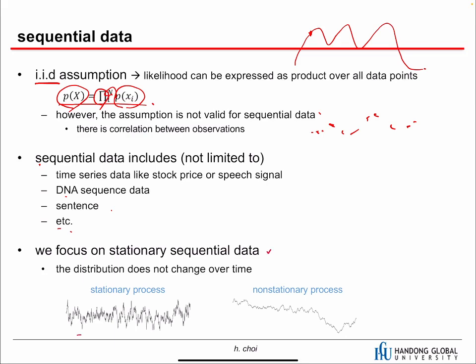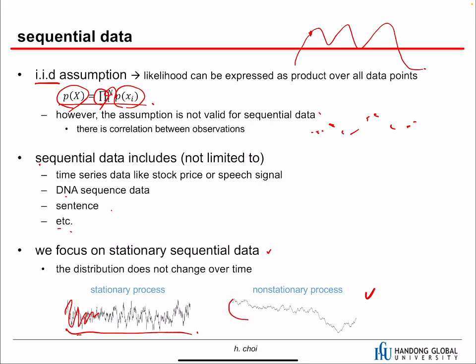Stationary means something like this: the statistics of the distribution are not changing over time. Even if the amplitude is changing like this, when we check the average, the average is not changing that much, and the variance is not changing that much. But this one is an example of a non-stationary process.